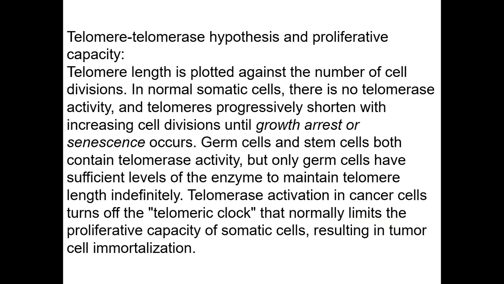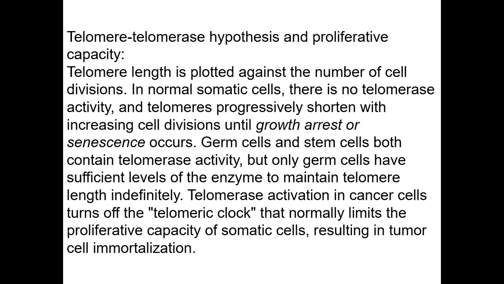Telomerase hypothesis and proliferative capacity. The telomere length is plotted against the number of cell divisions. In the normal somatic cell, there is no telomerase activity. ما عندنا إحنا بالsomatic cell.